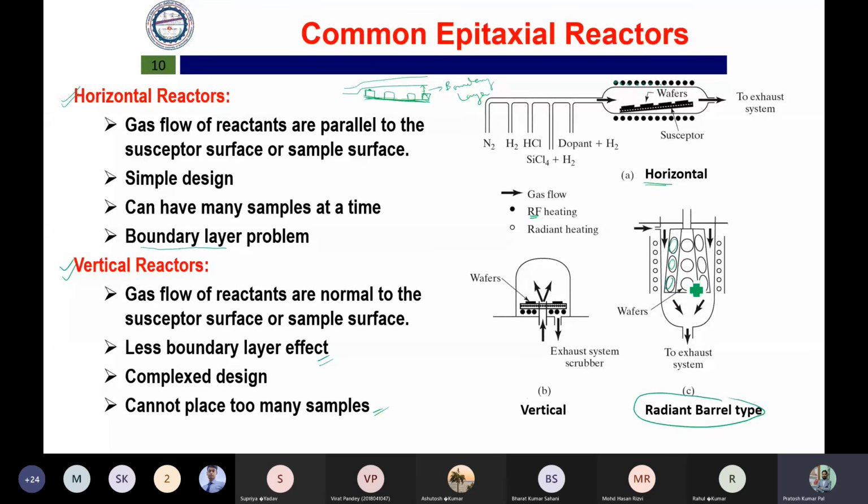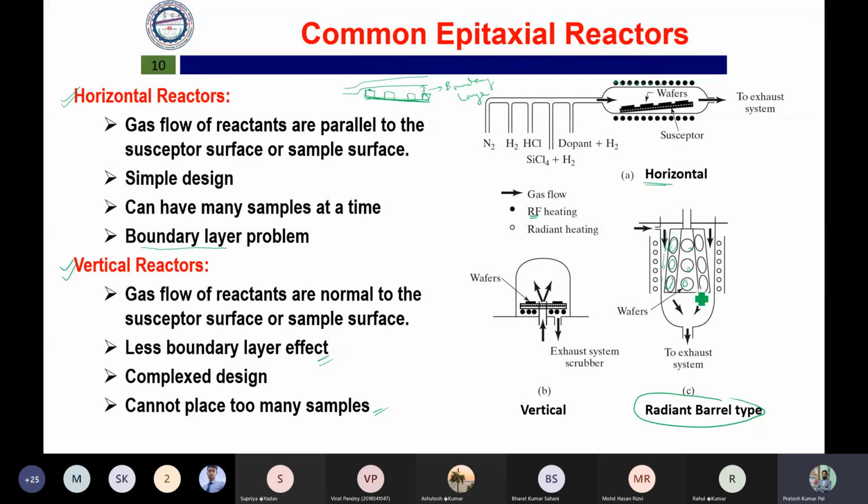So this is the sample, the gas is input here and flows parallel to the surface. It seems like a vertical one, but it is a horizontal type of reactor. Here the gas is flowing parallel to this surface, so this is called the horizontal type of reactor. It is called the radiant barrel type.